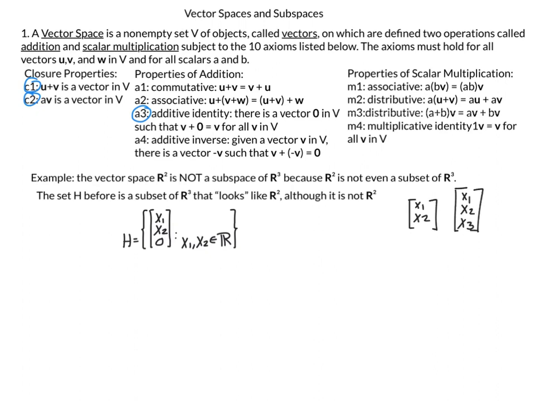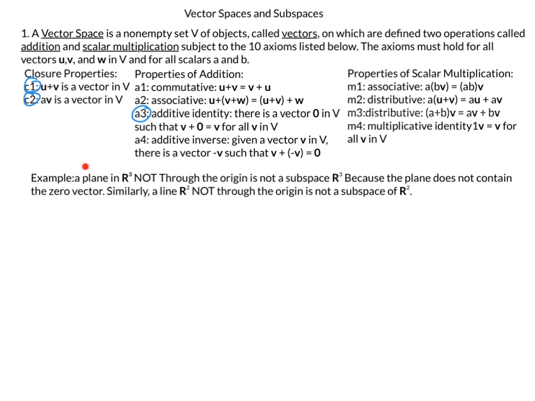It is the case that H that looks like this, x1, x2, 0, is a subset of R3. It has this form, it's only in the plane, but it's still in R3. It looks like R2, although it is not in R2, because this is a point in 3 space, even though these are points in the xy plane.